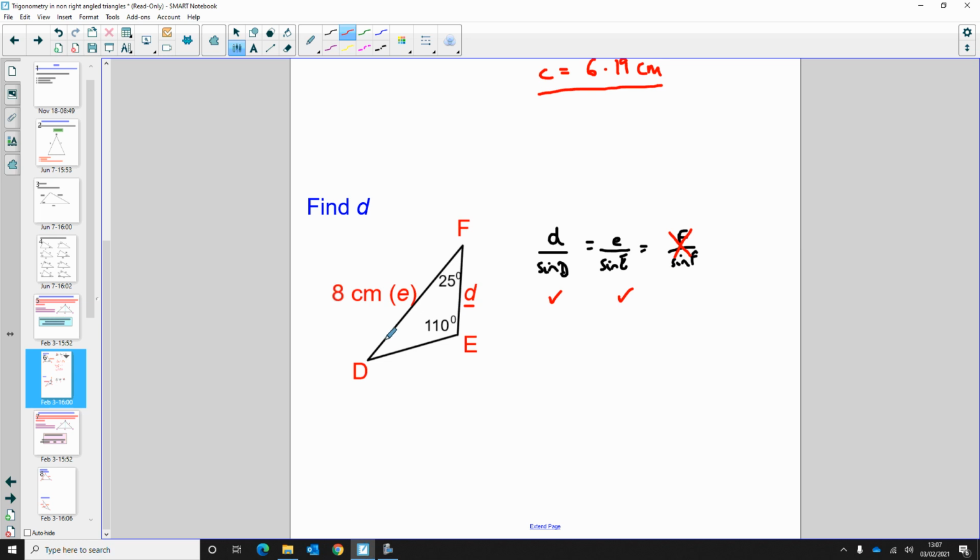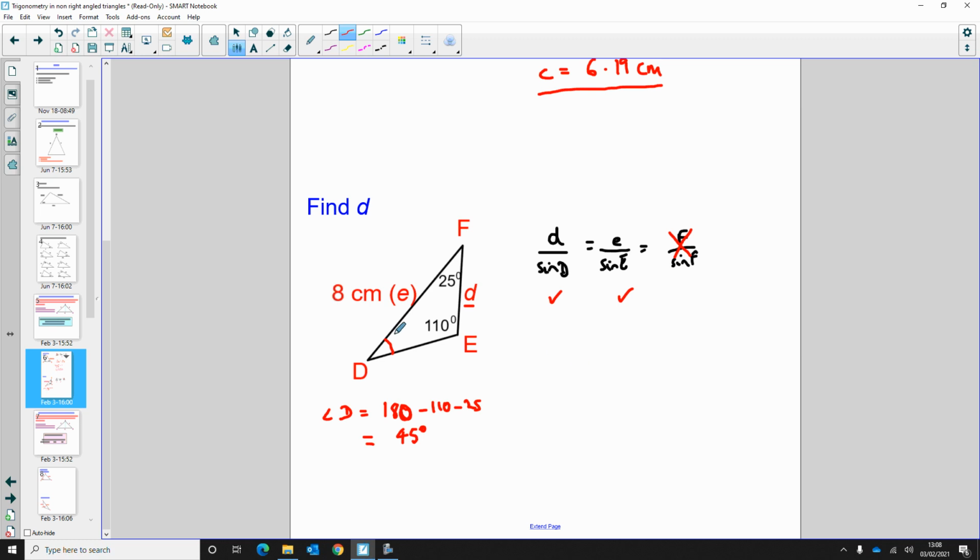But we need to know this angle here, and we can actually work that angle out very quickly. So the angle D, remember, all the angles in a triangle should add up to 180. So if I subtract these two numbers away from 180, I will get the value of the angle D. Therefore, D is 45 degrees.